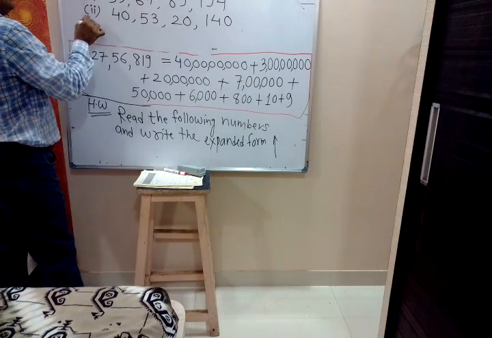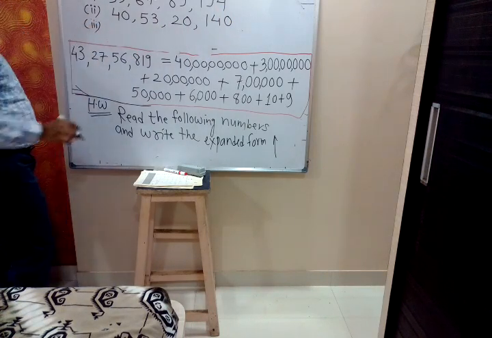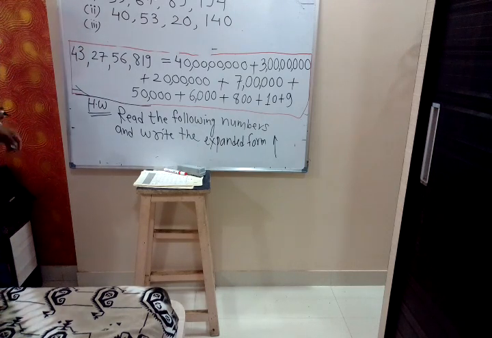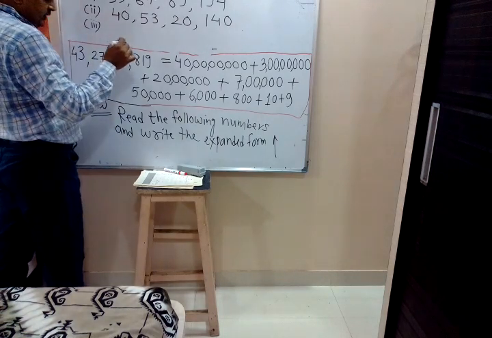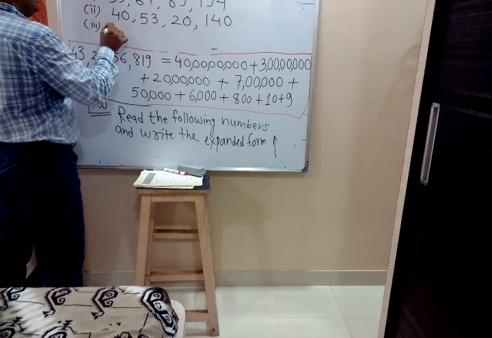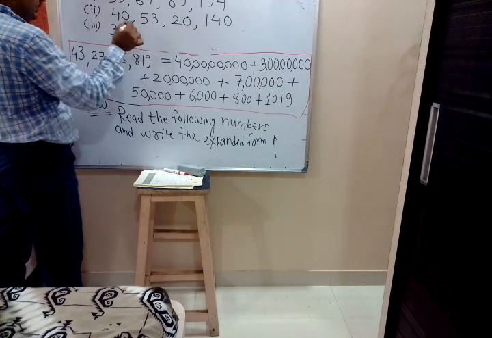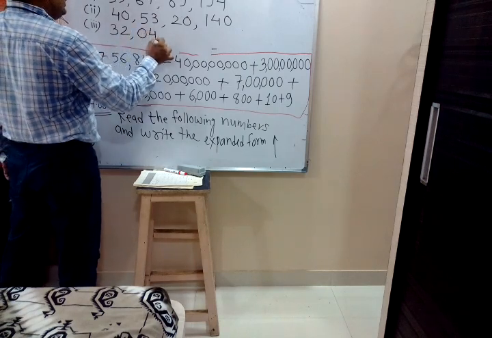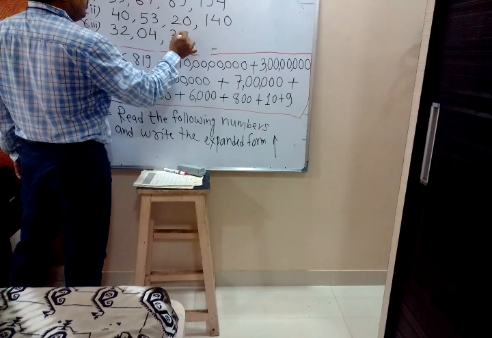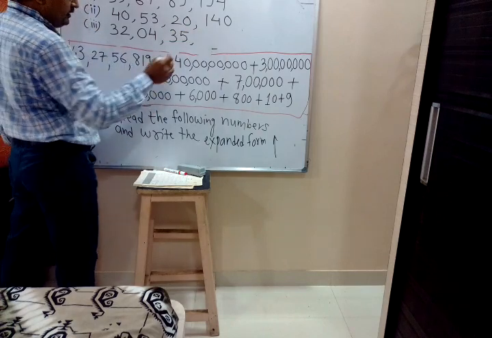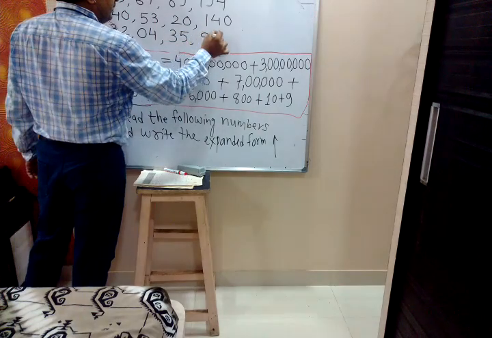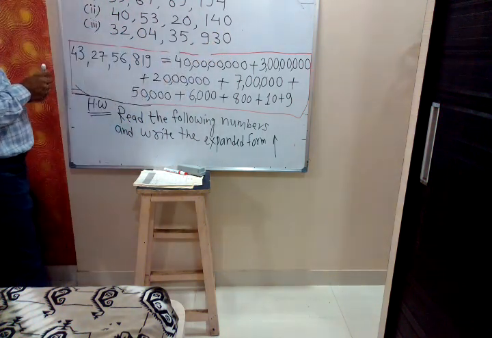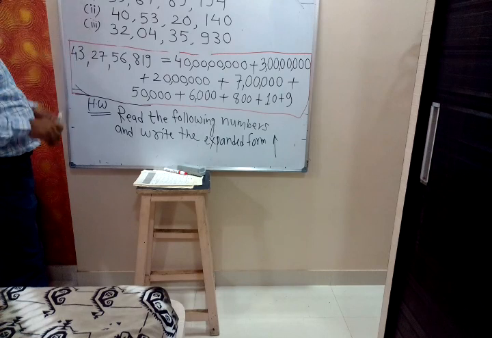Then third: 32,04,35,930. These are homework. So 3 problems I have given on the board.